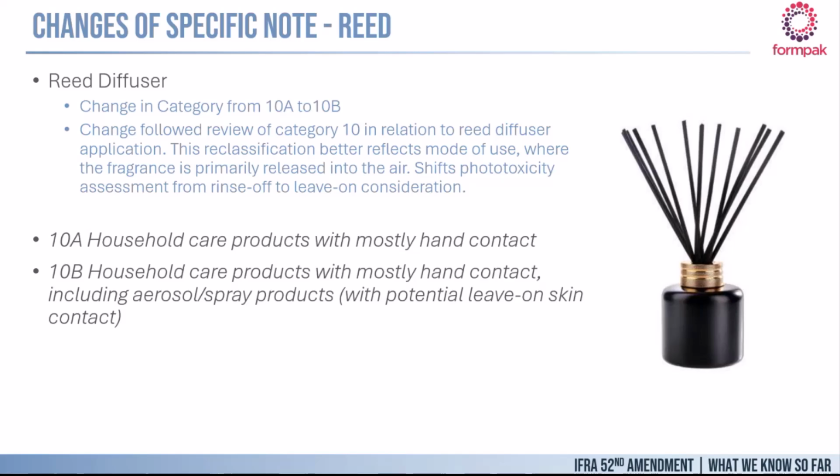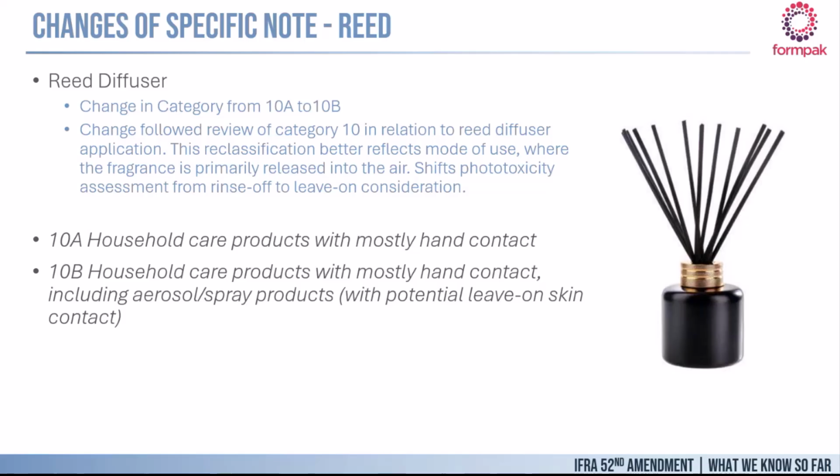With Reed Diffusers, there's a change in category from 10A to 10B, and that followed review of category 10 in relation to Reed Diffusers, which better reflects the mode of use because the fragrance is primarily released into the air. 10A was household care products with mostly hand contact.